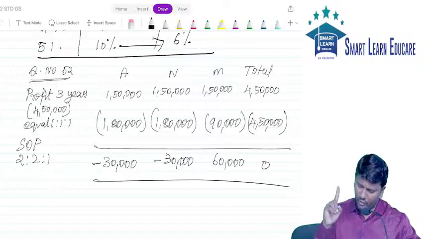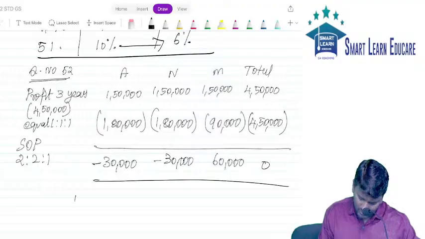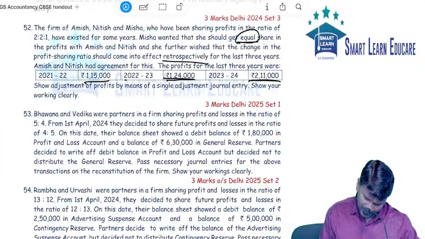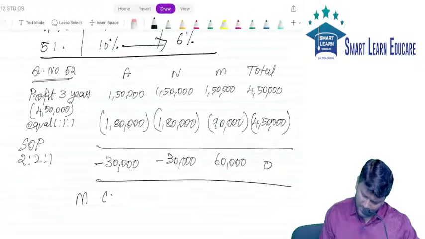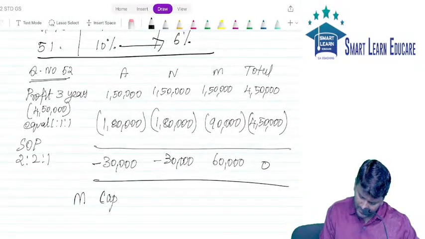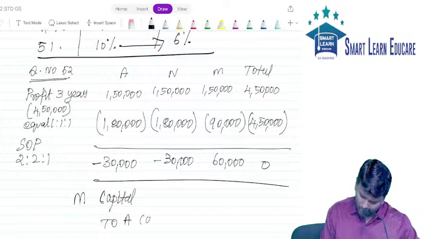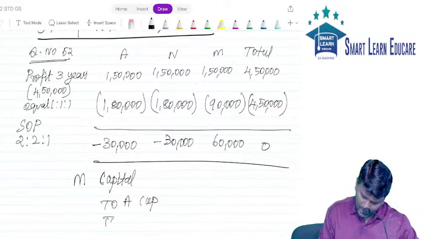For this we are going to pass a single journal entry. What is the single journal entry? M's fixed capital or current account? No, the word fixed is not used, so you can pass capital account itself. So M capital account debit to A capital account and N capital account.